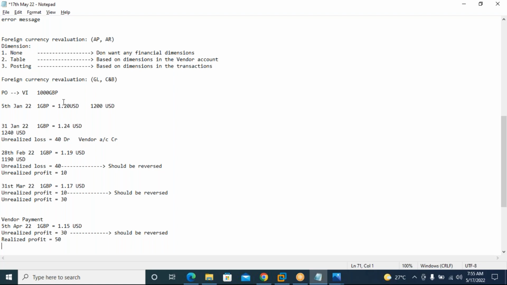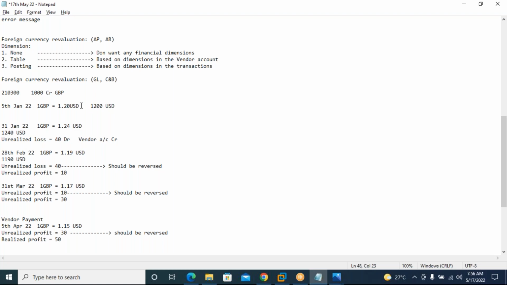Now it is not a vendor invoice, it is for one ledger account. Suppose main account 210300, I have entered a currency amount of 1000 GBP. This is debit posted, for the main account. 1000 GBP was posted on 5th of January, or otherwise credit posted, a liability credit posted.